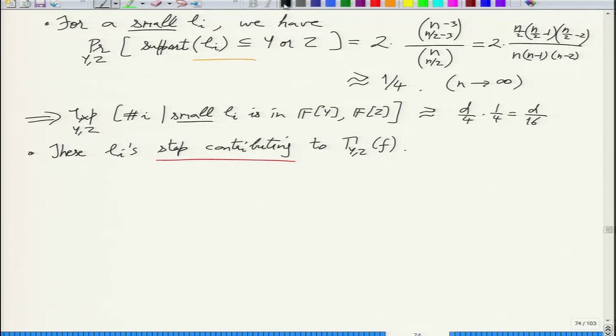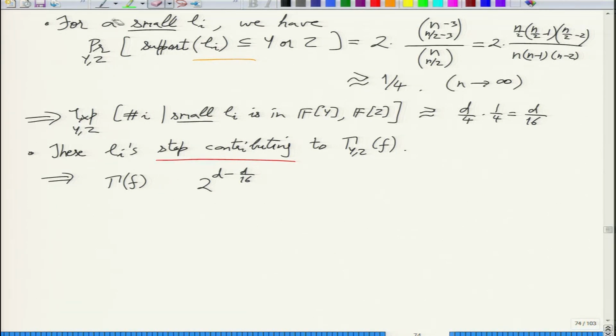Essentially out of d, 1 by 16th are not contributing. So that gives us the gap in the rank. So this implies that gamma f is at most 2 raised to d minus d by 16.